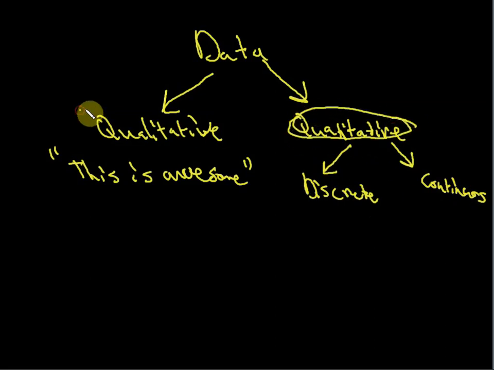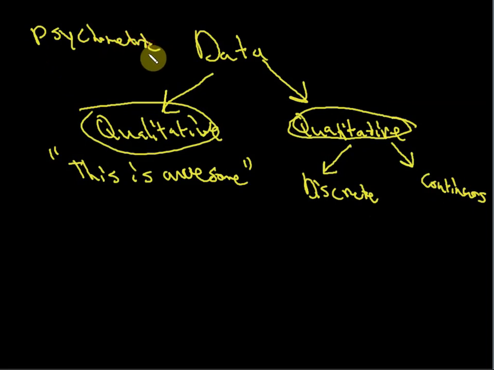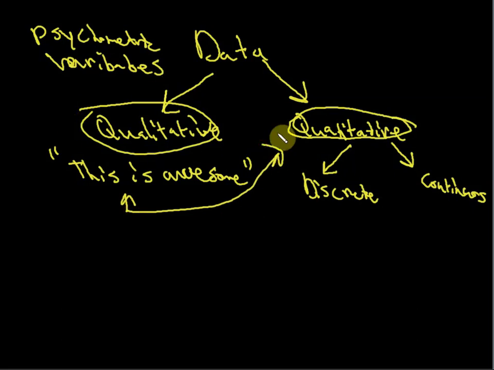Now when we start getting into qualitative, you're dealing with psychometric variables, and those you'll have to translate from qualitative to quantitative, and this is a lot harder to do. But anyways, going back, so quantitative, you have discrete, which is just whole numbers, right? So 5, 4, 3, 10, 20. Or continuous.